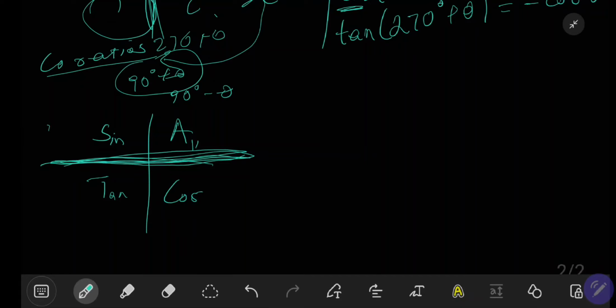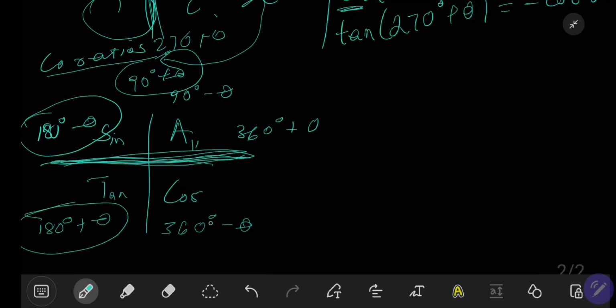But if you use 180 degrees minus theta, 180 degrees plus theta, 360 degrees minus theta, or also 360 degrees plus theta, then when you have these reference angles, I believe it can be simple to reduce. So without wasting time, I want us to check our first example on how to simplify these equations using the reduction formulae.